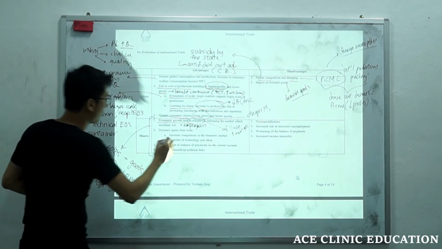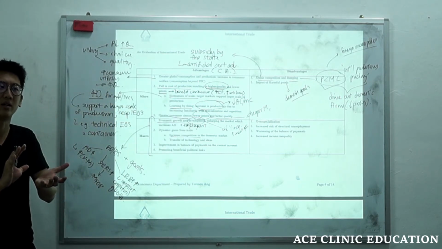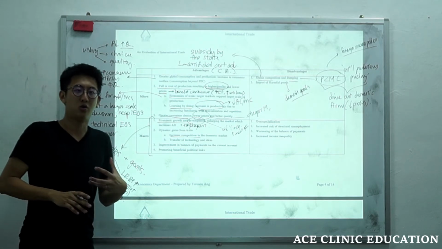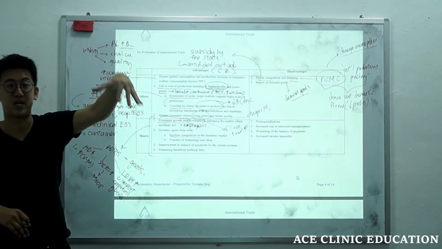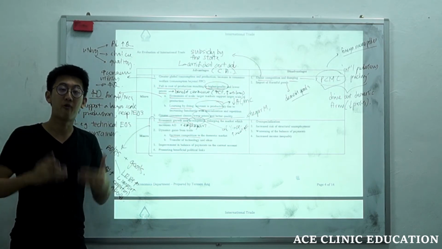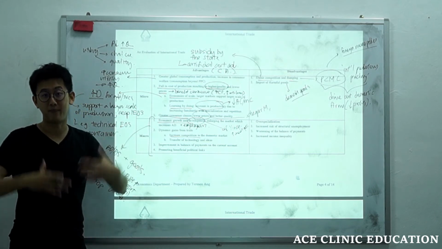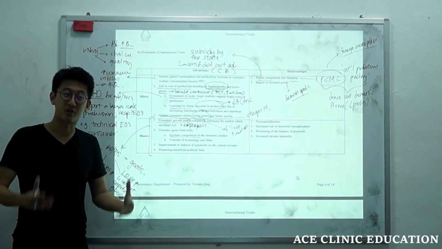So the first one is increased competition in the domestic market. We're going to borrow a bit of points from micro again, which is that although the foreign firm might not be in your country physically, because they might just be exporting to you, your local firms are facing competition from cheaper imports. So they're forced to be more competitive, they're forced to innovate, they're forced to cut costs.